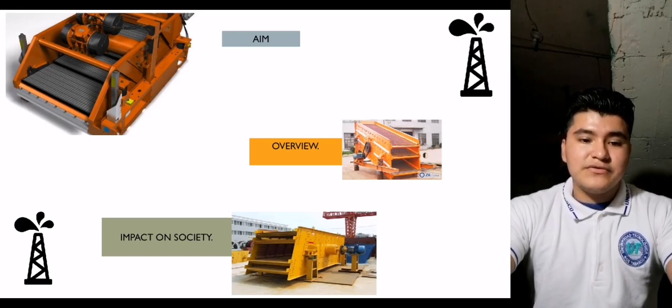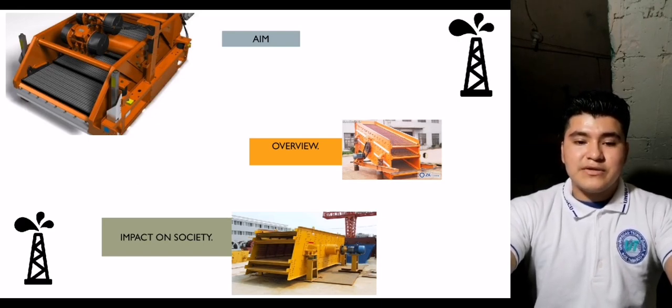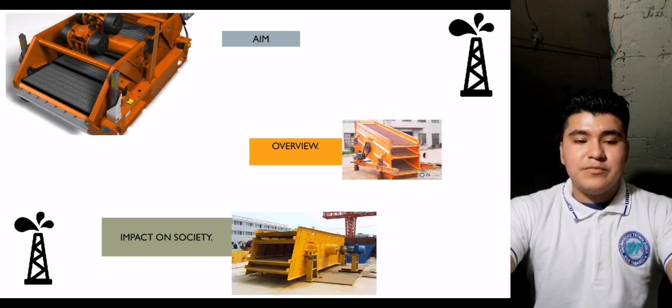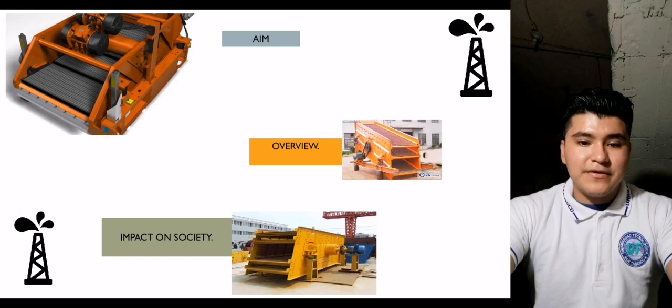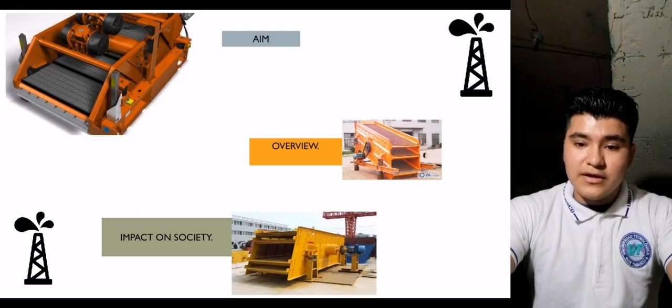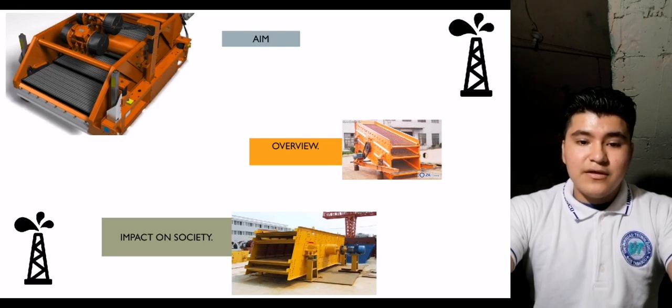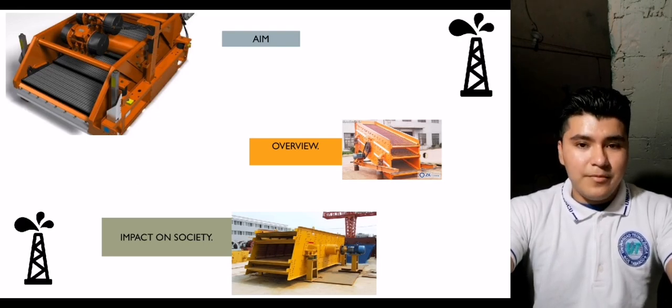Carry out the structure of the linear vibrating screen, to carry out the construction process of the vibrating screen prototype. Carry out the design of established material and the cost-benefit analysis that will allow an implementation of the vibrating screen design.